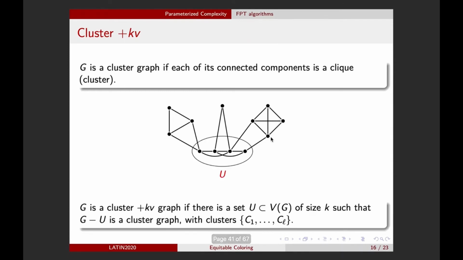But if we remove this set of 4 vertices, which we call the modulator, we have a cluster graph. So let's remove it. Ta-da! Each connected component is a clique. And we say that G is a cluster plus kv graph if there is a set U of size at most k that makes G minus U into a cluster graph.